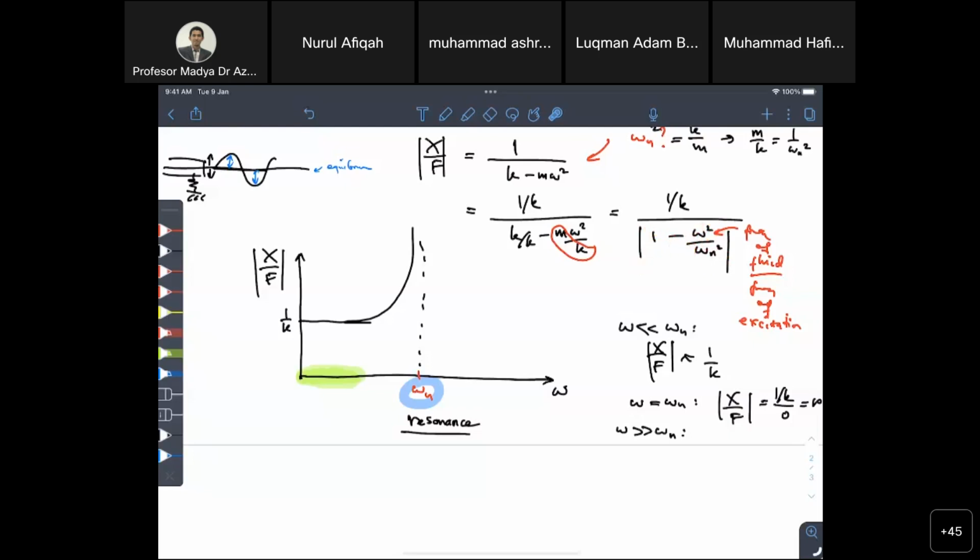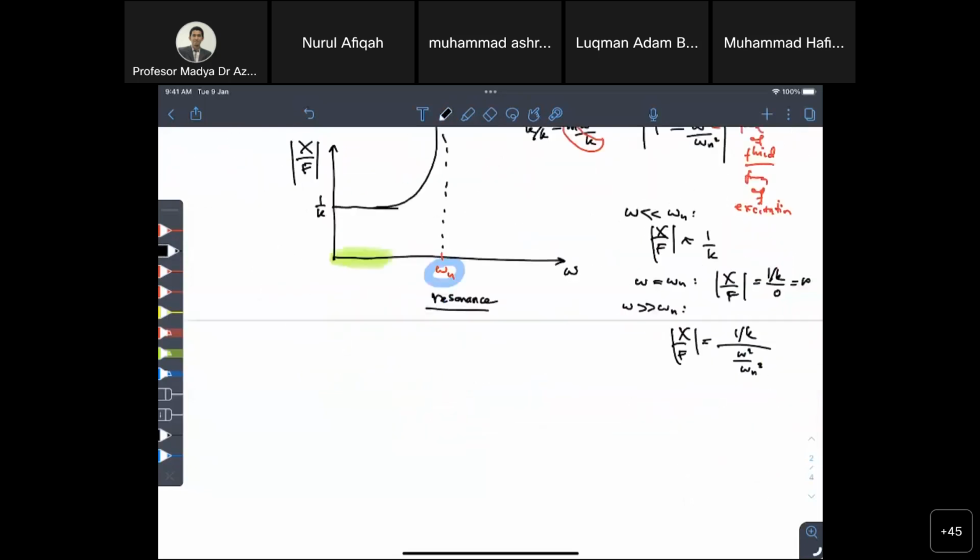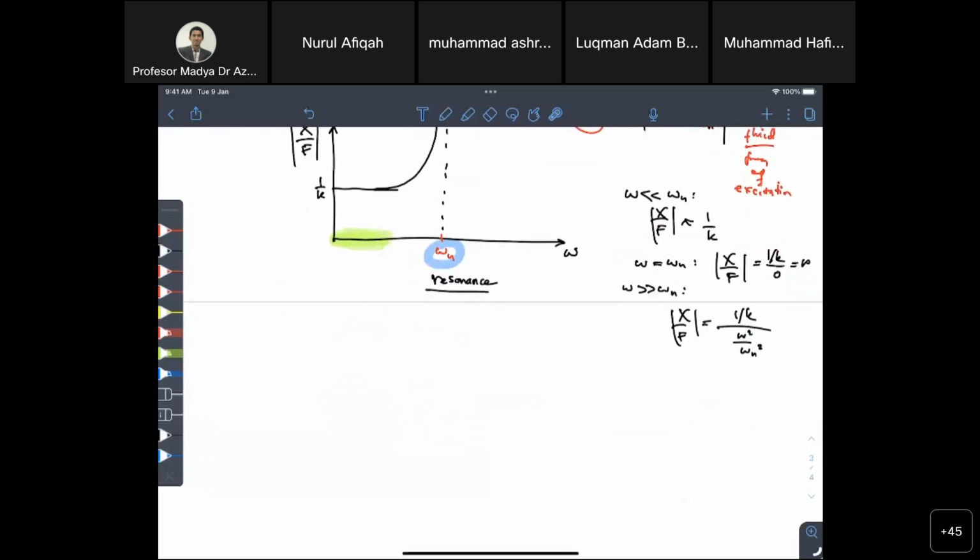Because we have the absolute value bracket here, we then have a positive value. So 1 over k over omega squared over omega n squared. All right, you know omega n squared is k over m.